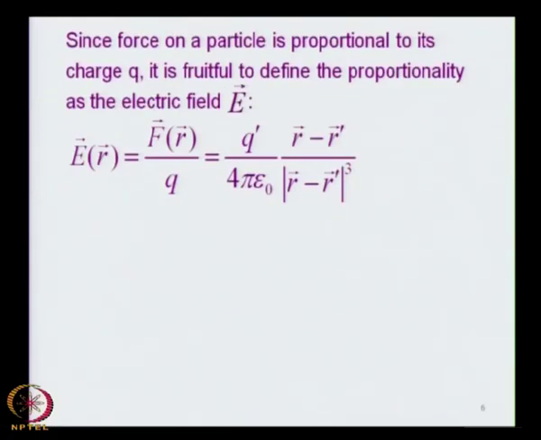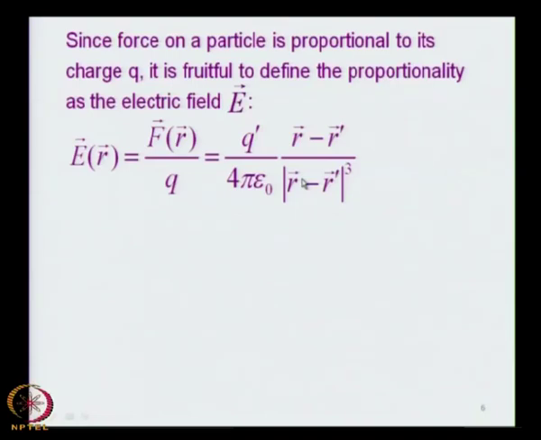Now, we do make use of the idea of the charge density and the forces that are generated by this, but it is often fruitful to define a quantity which is independent of the test charge q. So, what we do is define a quantity which is that force per unit charge, and this is what we call the intensity of the field, and this intensity of the field is given by this relationship.